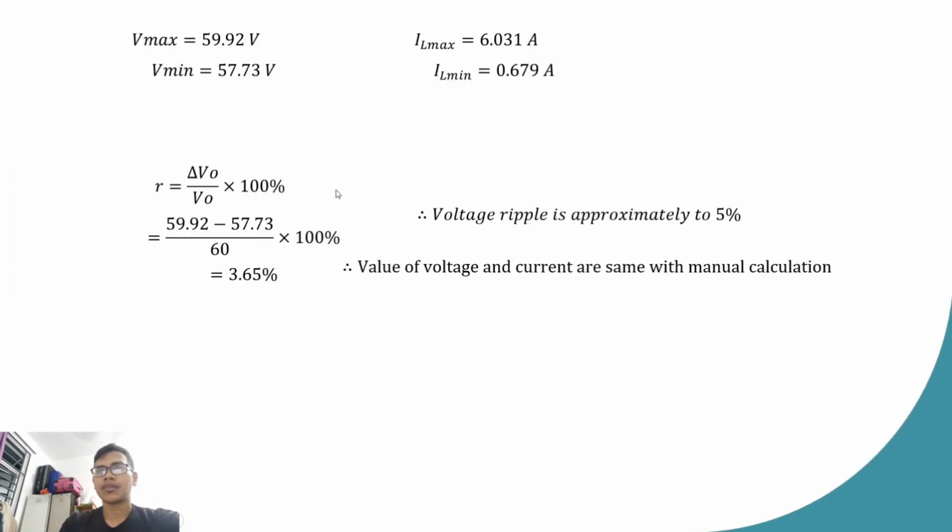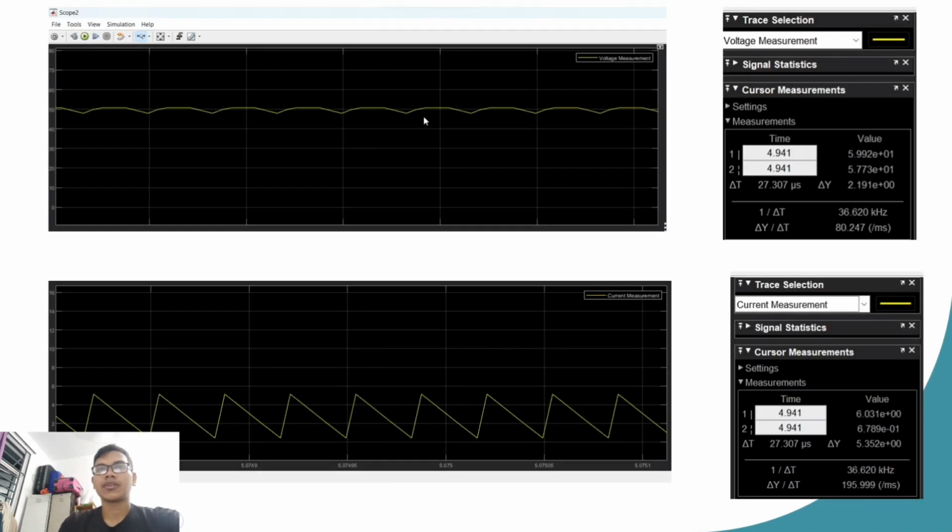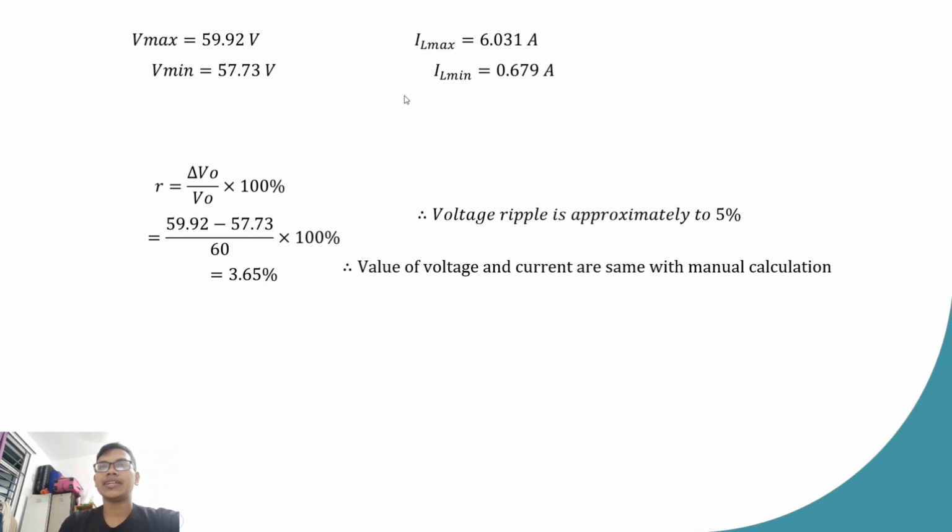Okay, from the diagram we can get the new ripple, and the new ripple formula is equal to delta V naught over V naught times 100%. The max value of the voltage measurement we minus the minimum value, and we divide by 60 volts that we chose in the earlier task.